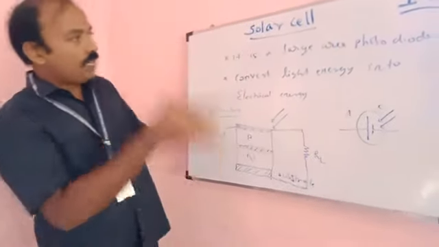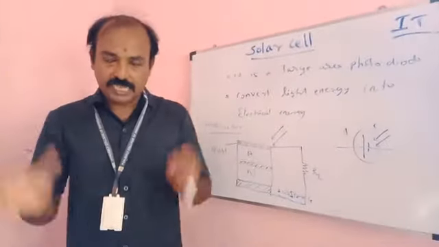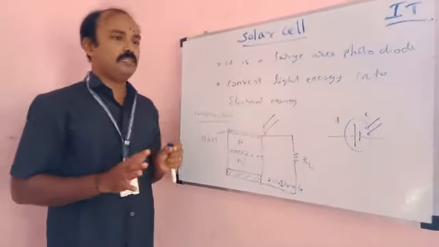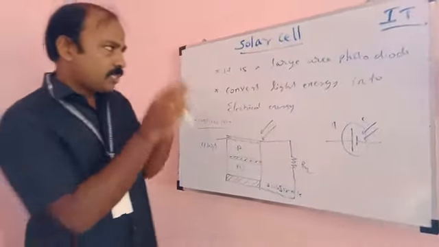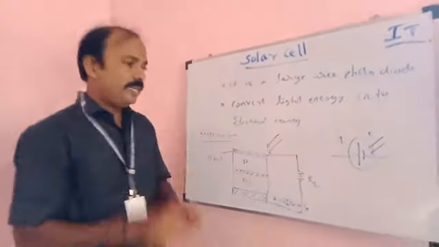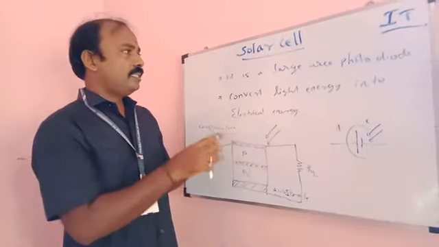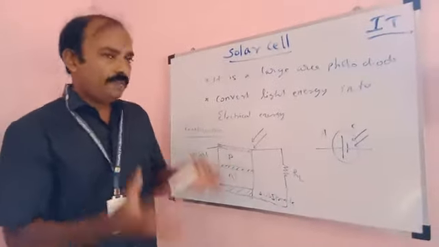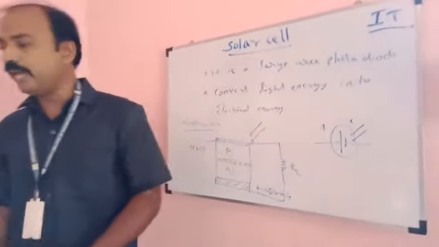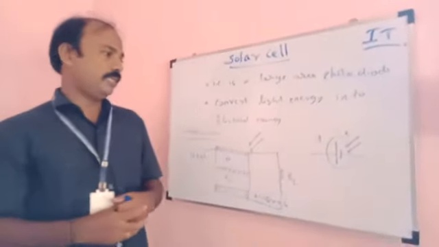That's why this solar cell is under the category of seasonal. It is a source that produces electricity, but it is under the category of seasonal. Seasonal means whenever the light intensity is high, there is a formation of high electricity.